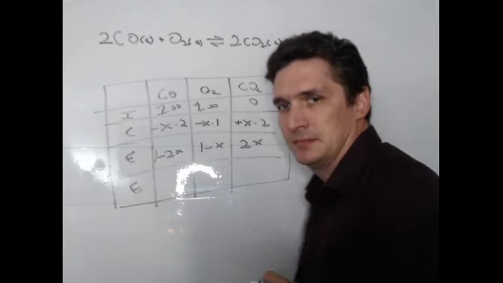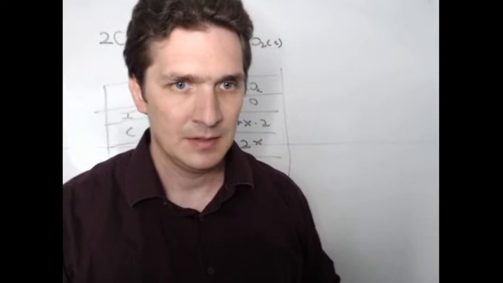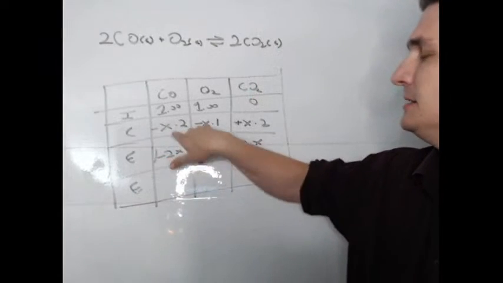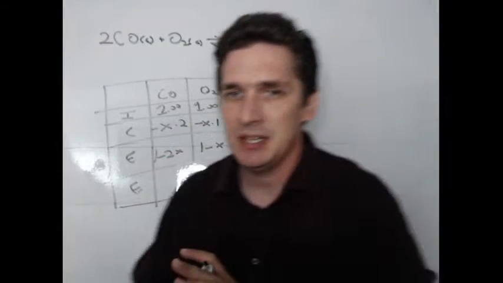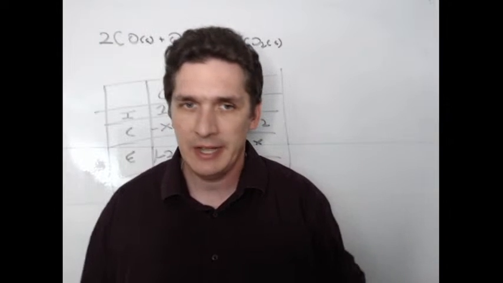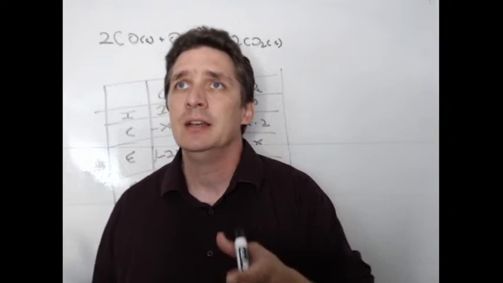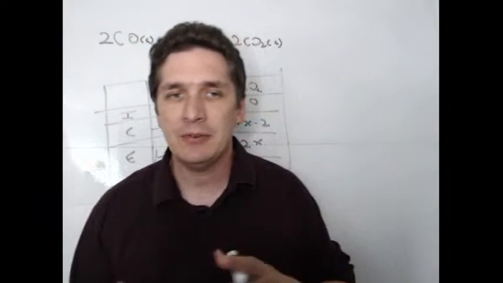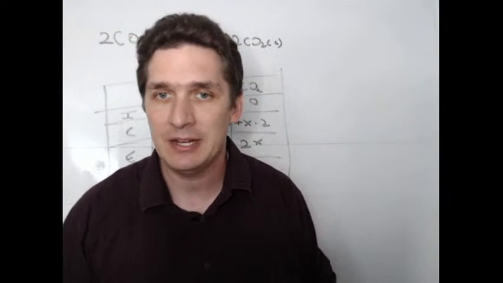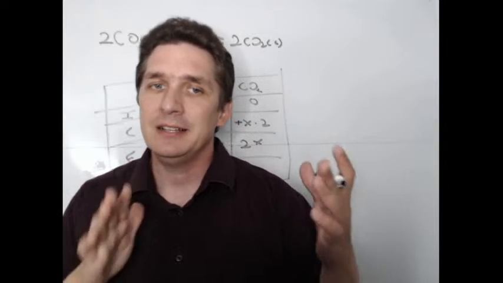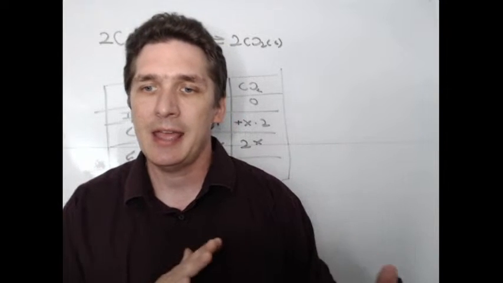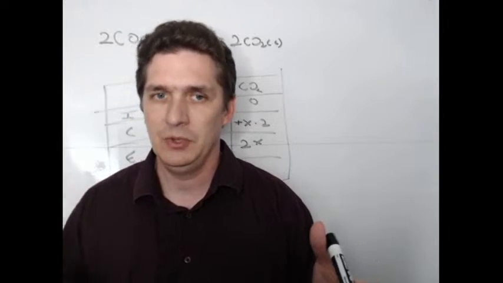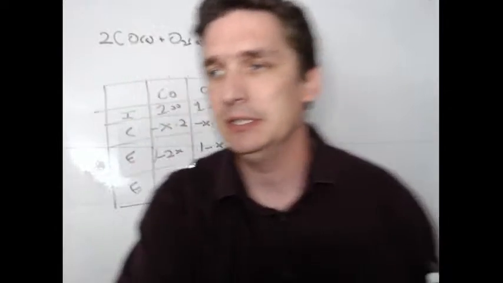To back up, extent of reaction is just a measure of how far a reaction went, but it doesn't specify whether it's CO, O2, or CO2. Just by how it's defined, if we multiply it by the reaction coefficient, we automatically scale that distance to whatever we're working with.